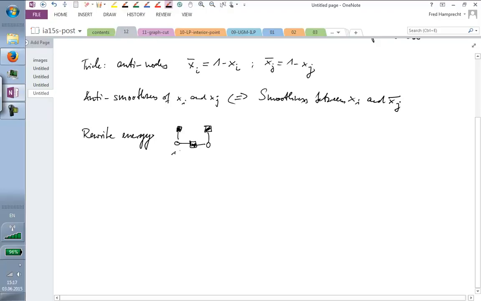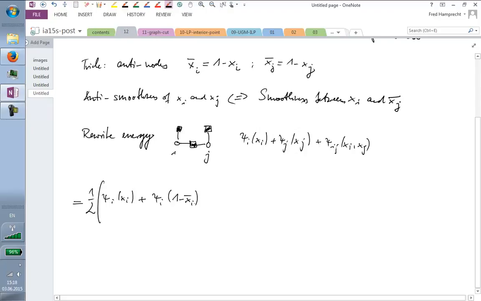I'm calling this i and j, and I'm rewriting the energy as follows: psi i of xi plus psi j of xj, rewritten as 1/2 times the sum of psi i of xi plus psi i of 1 minus the anti-label here, and now comes the pairwise term.